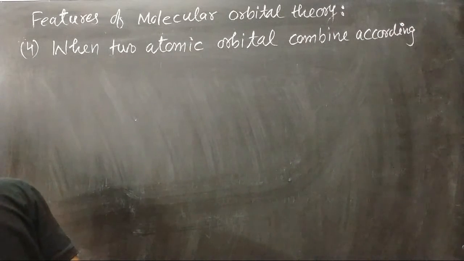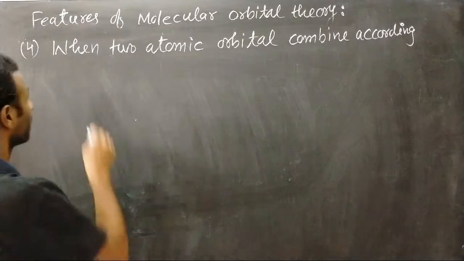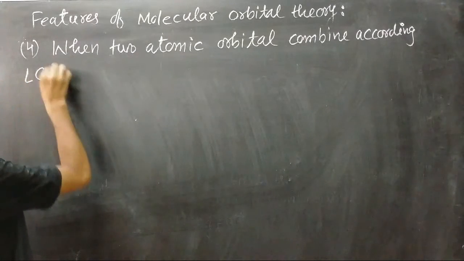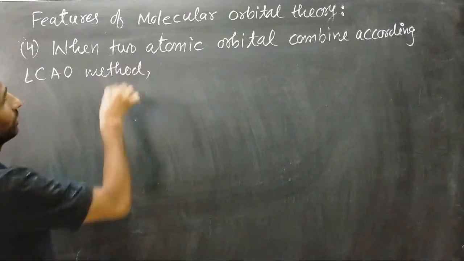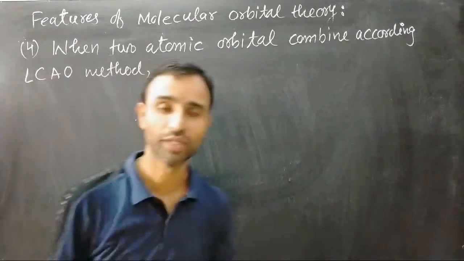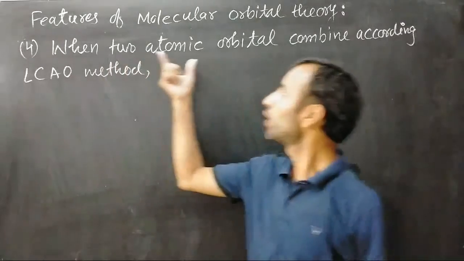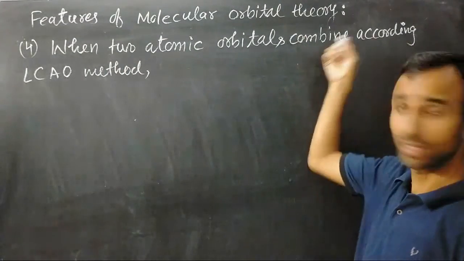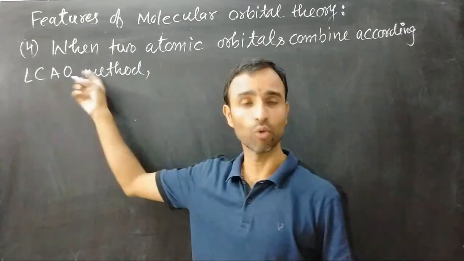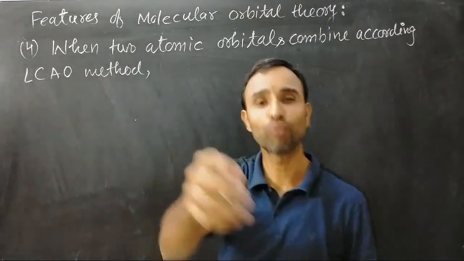Yes. According to LCAO method, what would we get? Tell me. When 2 atomic orbitals combine according to LCAO, what is the full form of LCAO?